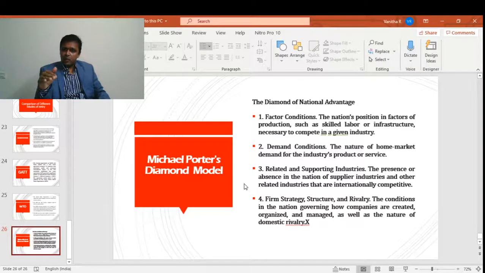Those days we had very few people founding startup companies, technology based companies. Even the government's contribution was very less. Though they had ambitions, the resources were not good.